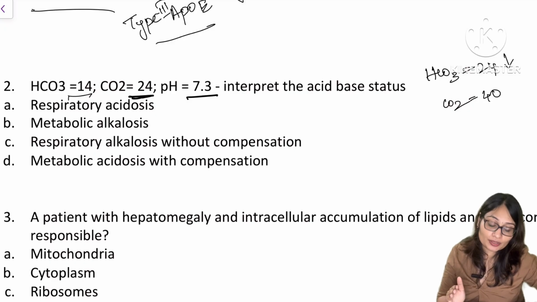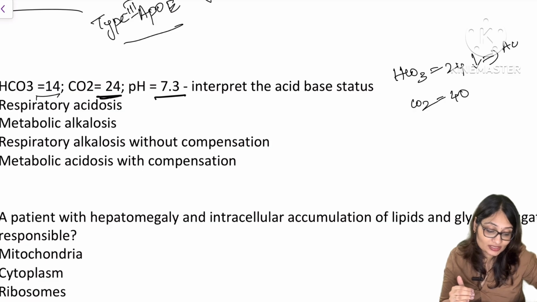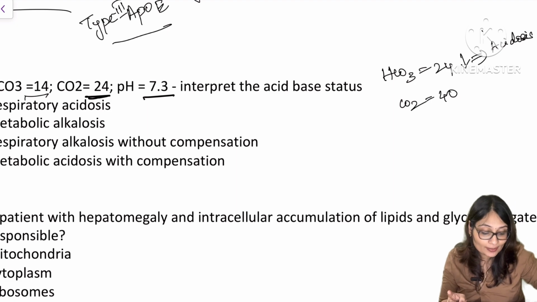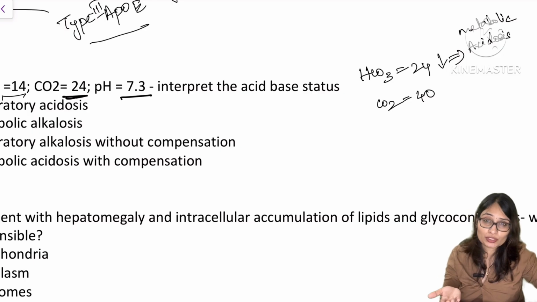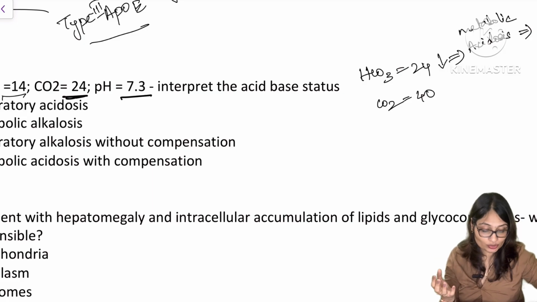So what is the condition here? If bicarbonate level is decreased, then it is acidosis, right? Which type? Metabolic or respiratory? It is metabolic acidosis. If bicarbonate level is more than 24, then it is metabolic alkalosis.